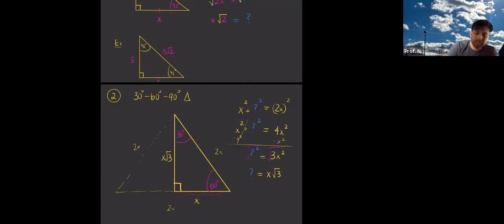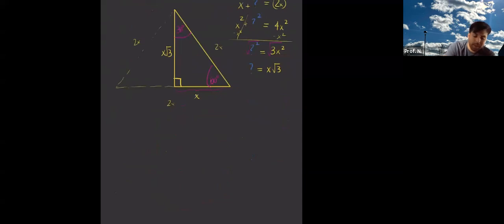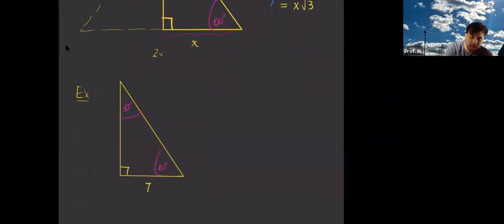And this is the configuration of the sides of a 30, 60, 90 triangle. It's x, x rad 3, and 2x. So as an example, what if I have beforehand the knowledge that I have a 30, 60, 90 triangle, and suppose I knew that the 30-degree angle side was 7?